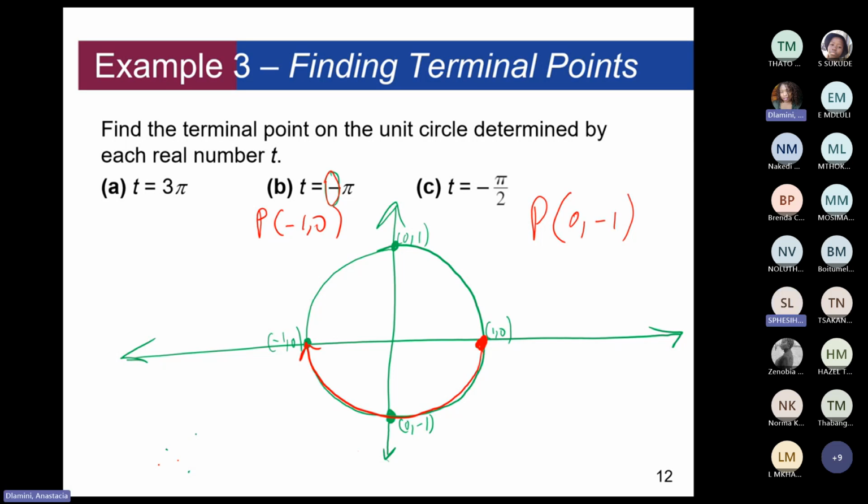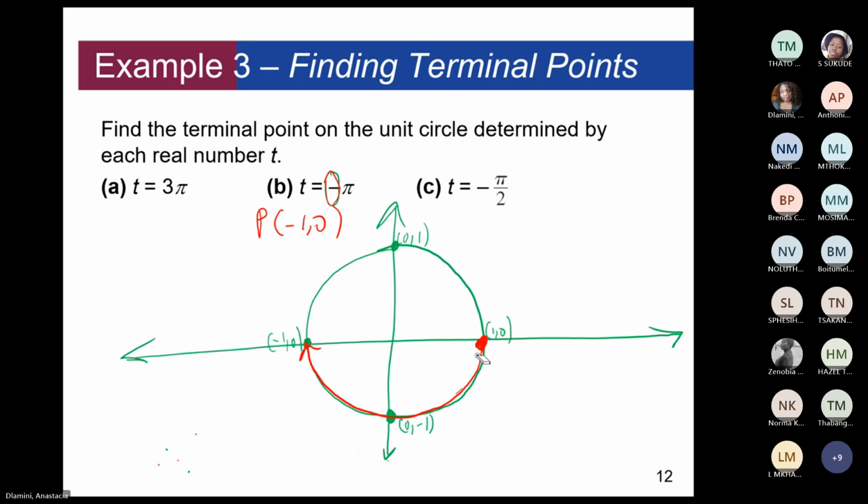The 3 pi. Can I explain the 3 pi? The 3 pi is equal to 2 pi plus pi. I want to understand how you got this pi.